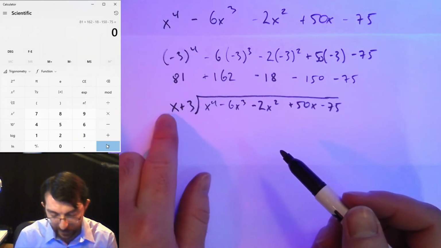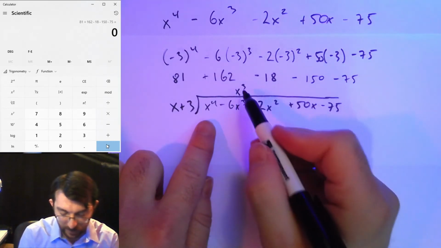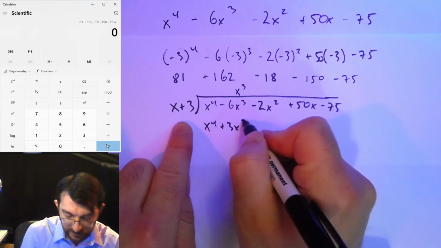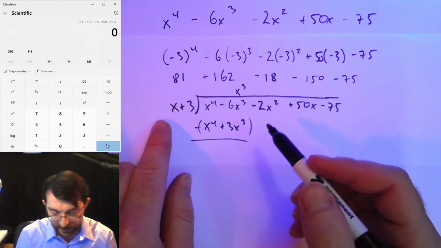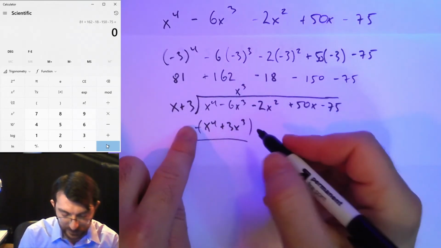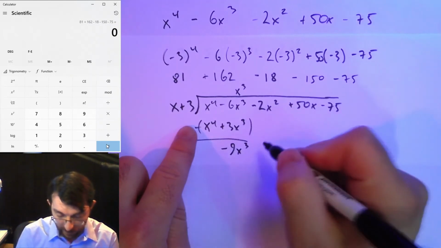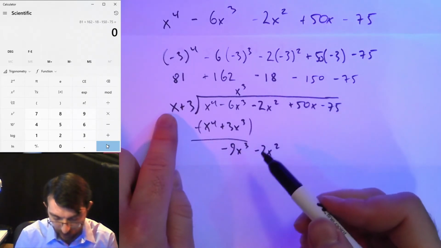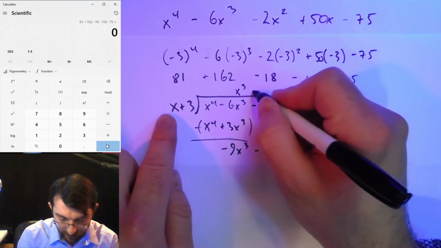So x goes into x to the 4th, x to the 3rd times. x to the 3rd times this is x to the 4th plus 3x to the 3rd. Subtracting it out, I've got negative 6 minus 3, that's negative 9x cubed. Okay, bring down that. X goes into negative 9x cubed minus 9x squared times.